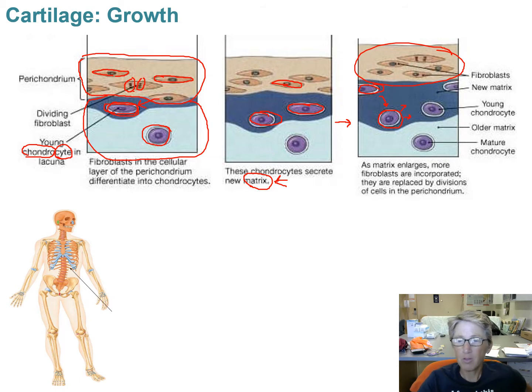And then as time goes on, you'll have new matrix out here, and then the older matrix that has already been made. But as you do this, I don't know if I lined up these cartoons right, but the cartilage actually gets bigger. So from here, you've got this much height when you start trying to grow your cartilage, and then over time you're going to grow this much cartilage.